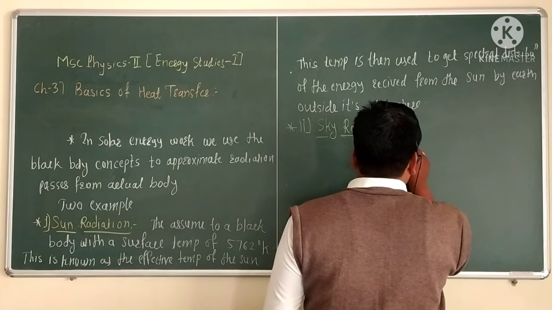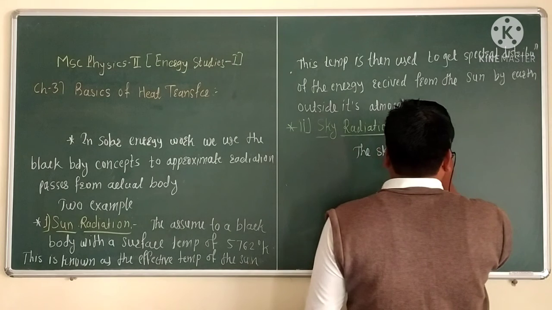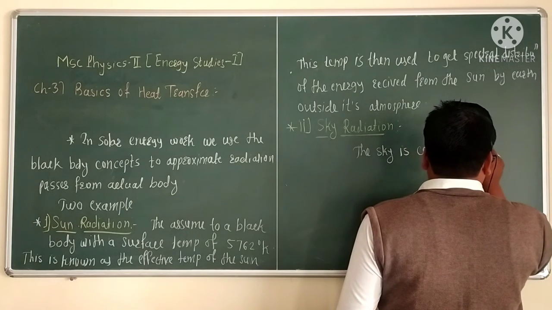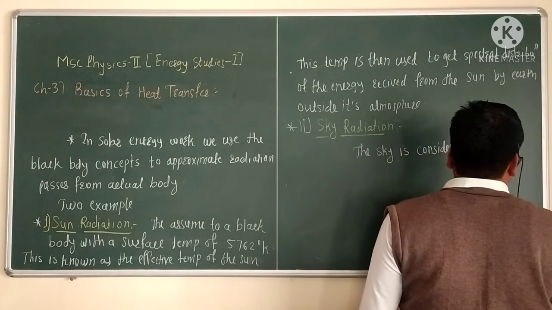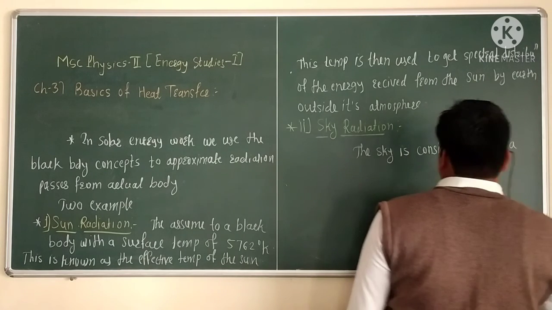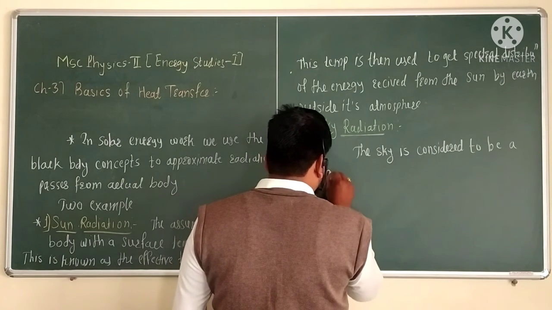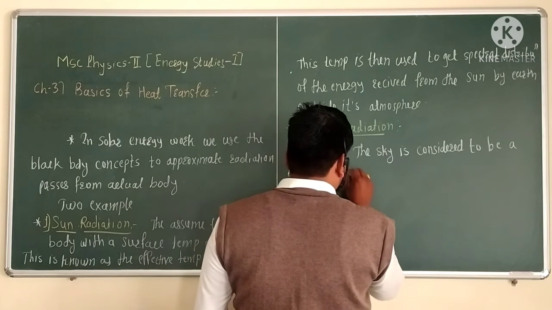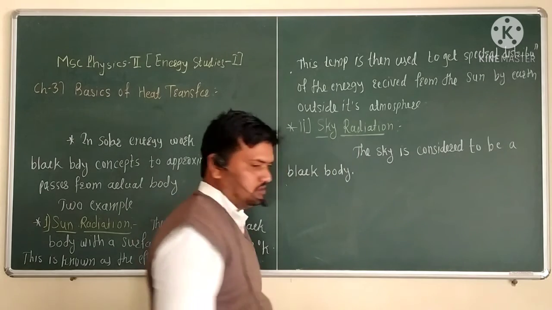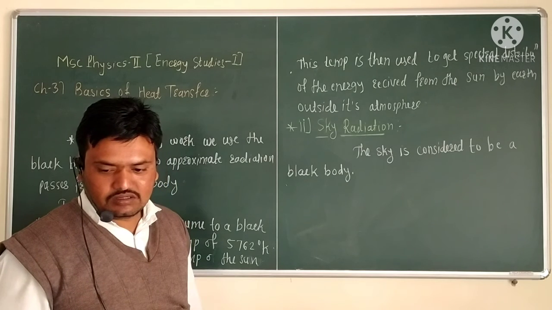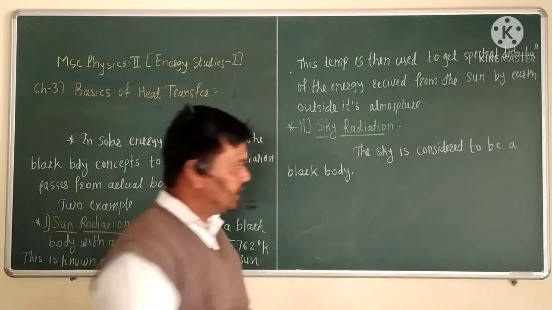So the first assumption is that the sky is considered to be a black body, and this temperature is considered an equivalent sky temperature.